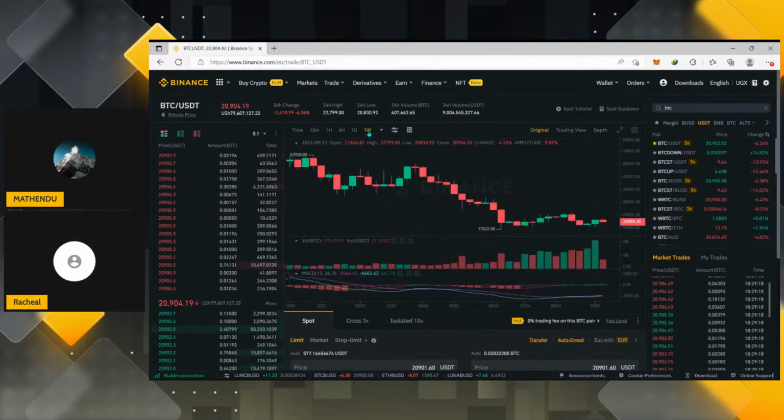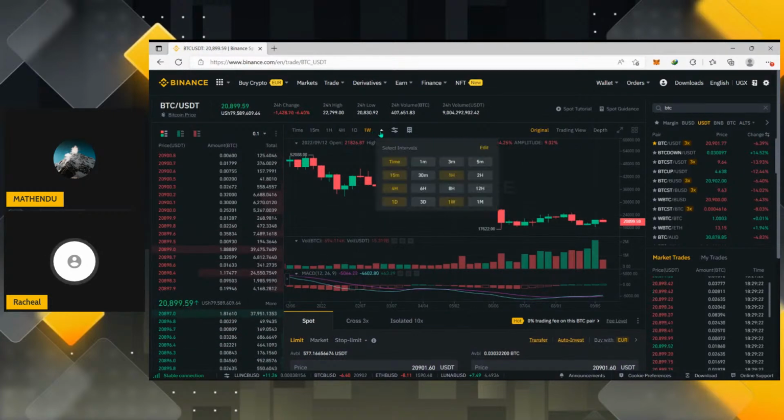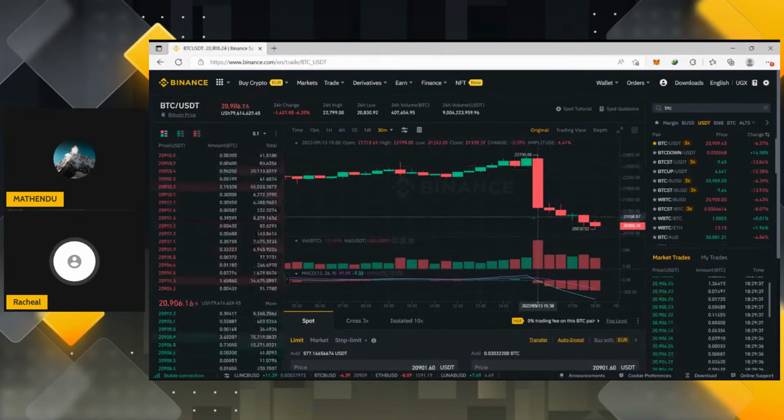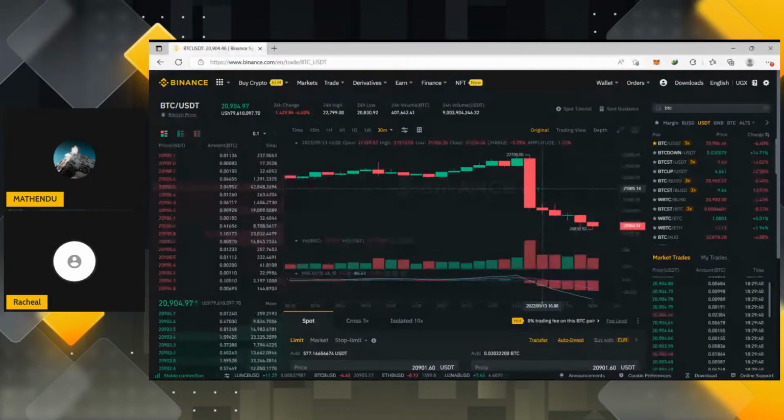But for someone who is a daily trader, if you're a newbie, you're not advised to do daily trading because it can be very easily misleading. For example, you can see the turn that Bitcoin just made in the last few minutes.